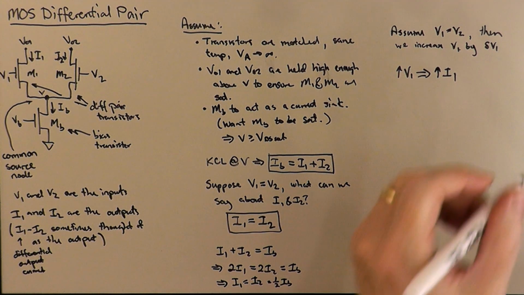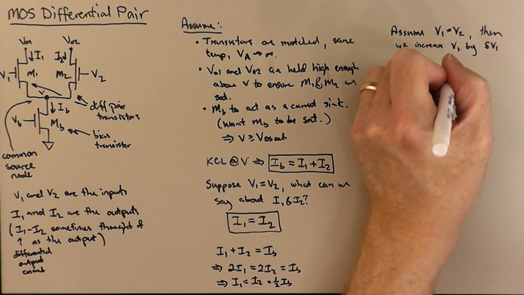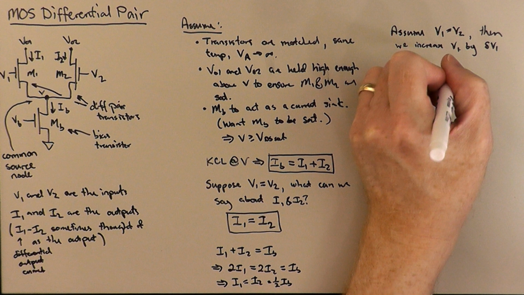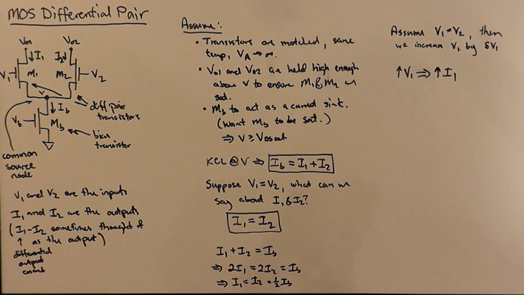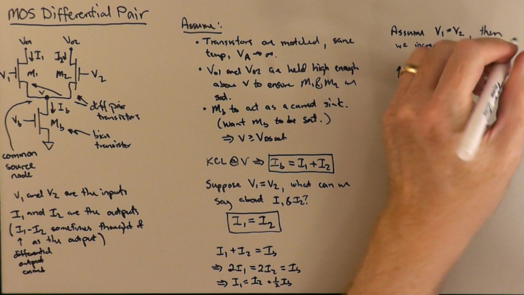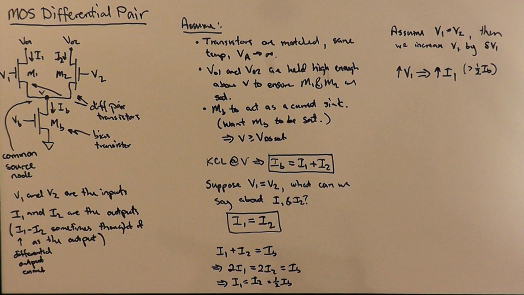So we could say that I1 started out at half IB because of what we just figured out down here. And so I1 has become slightly larger than half IB. I2 is still half IB because it hasn't gotten the memo yet that we've increased I1.